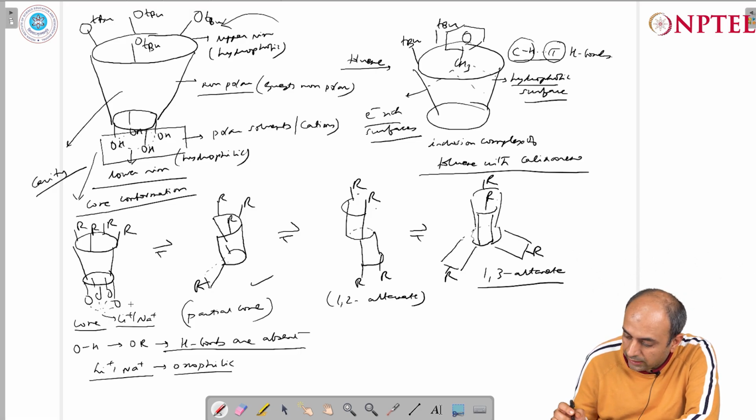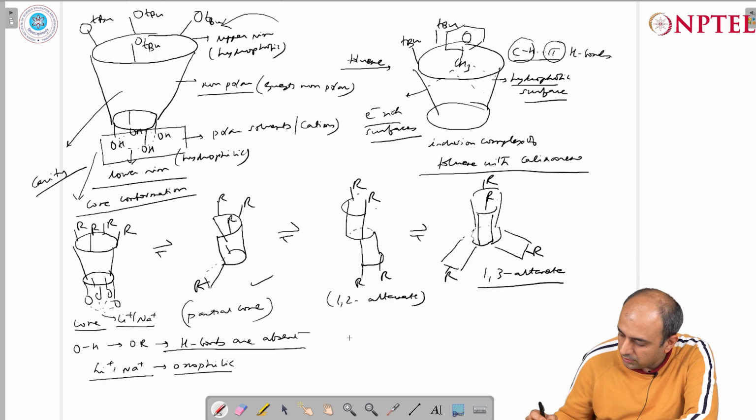They can also coordinate with the oxygen atoms in the partial cone, because in the partial cone one of the oxygen atoms is above but the 3 oxygen atoms are still below, so they can still have a coordination. So it is the partial cone and the cone conformation which is stabilized when you have these oxophilic species like lithium and sodium. However, when you have got a larger size species, then there is a change in the conformation.